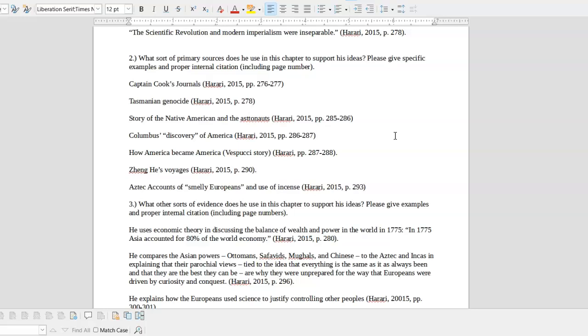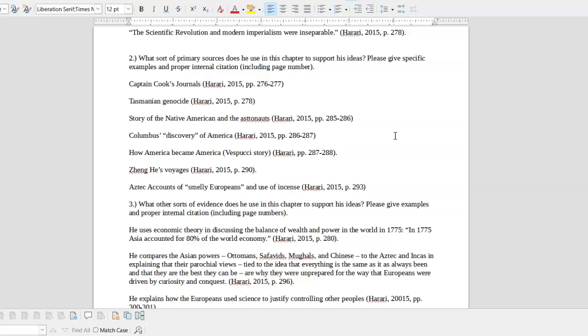He also talks about the Tasmanian genocide on page 278, the story of the Native American and the astronauts, which I love, that story, 285 to 286, Columbus's discovery of America, as it were, 286, 287, how America became America, or the Vespucci story, 287, 288, Ziggy's voyages on page 290, and then the Aztec accounts of smelly Europeans and their use of incense to cover those up.